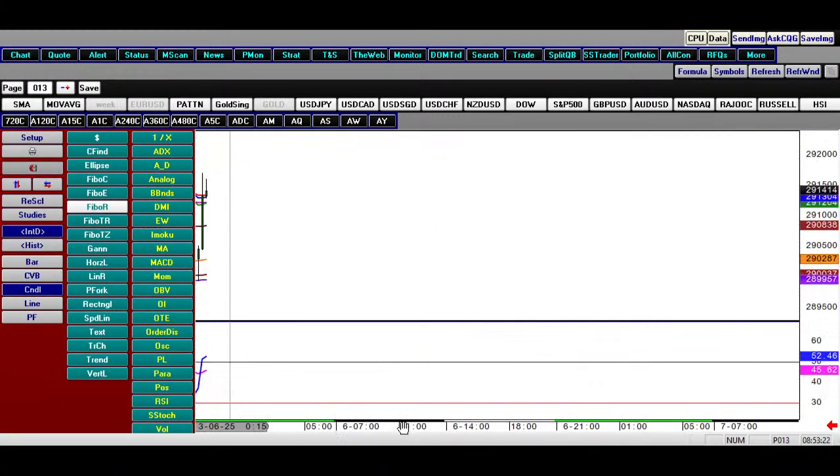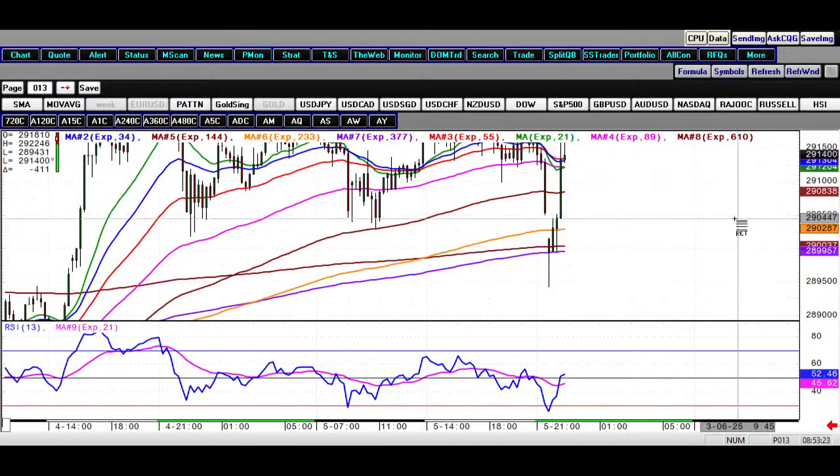So we are seeing a consolidation around this level.